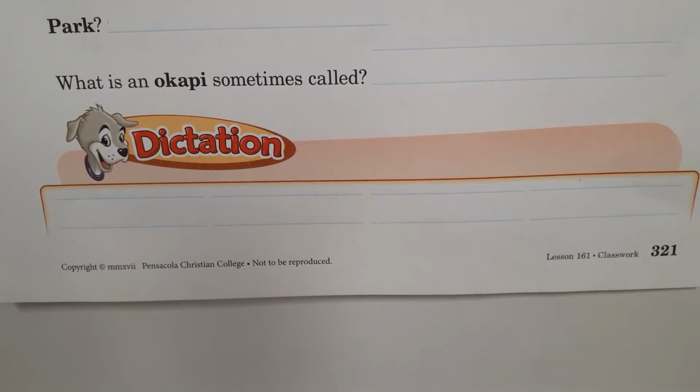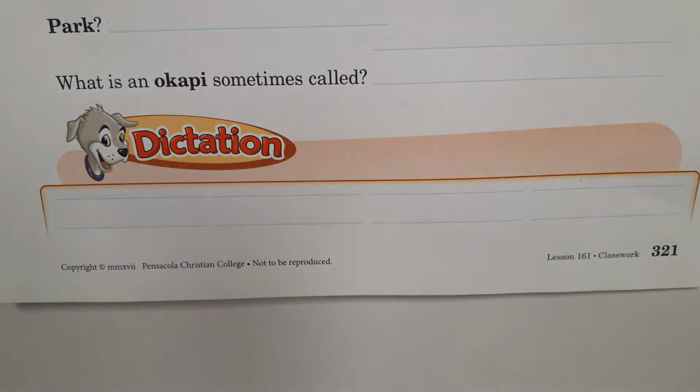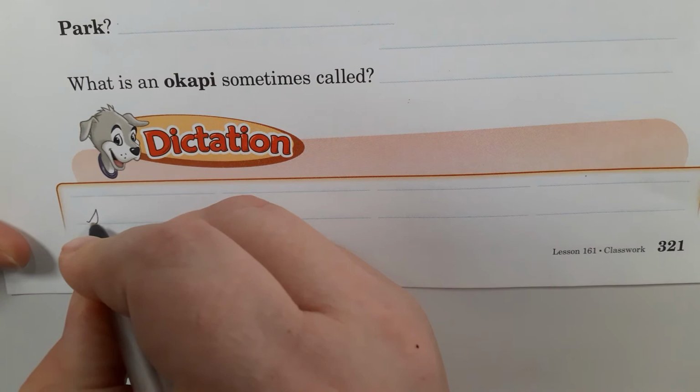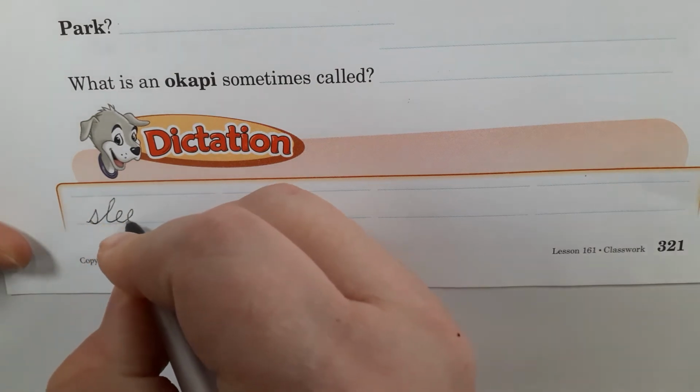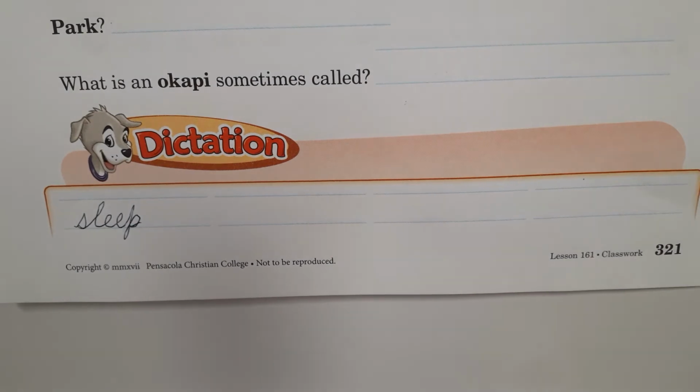I want you to write sleep, sleep. Sleep is the root word for sleeping. So this time I'm going to give you a word and I'm going to have you write the root word.